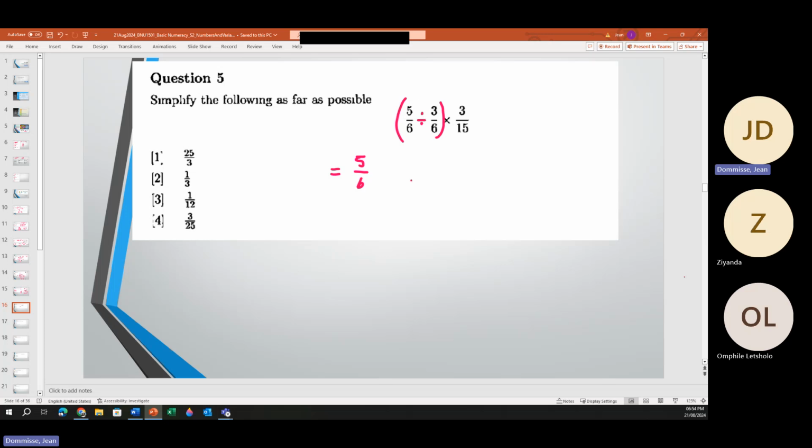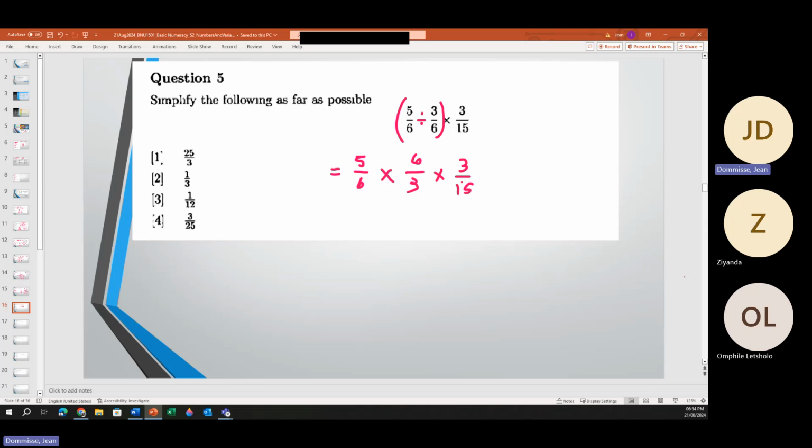So what we are allowed to do is to say, I'm allowed to change that, instead of having divide by 3/6, I'm allowed to change it to say multiply by, and then I swap that around to say 6/3. And the times 3/15 stays the same. So if I have everything the same multiplication, then I'm allowed to simplify it.